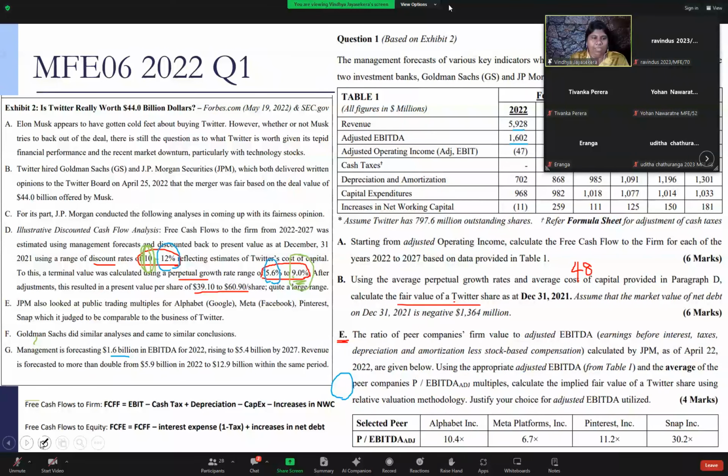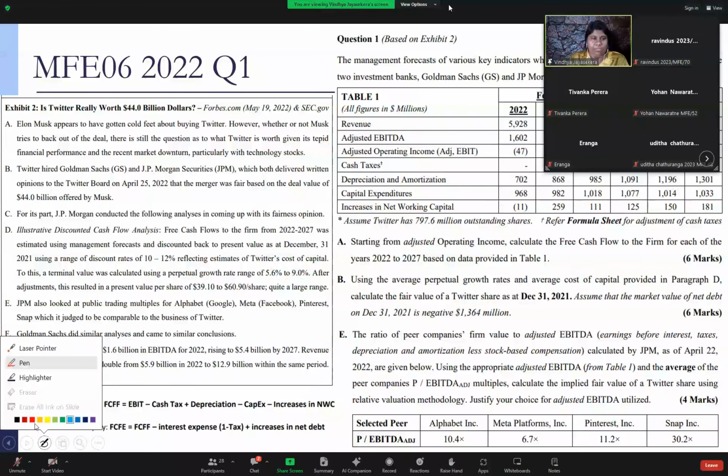And last part, okay, I just inserted it here, part E. This is the ratio analysis. Y'all can try it on your own, but can you just read it before the break? I won't do it.